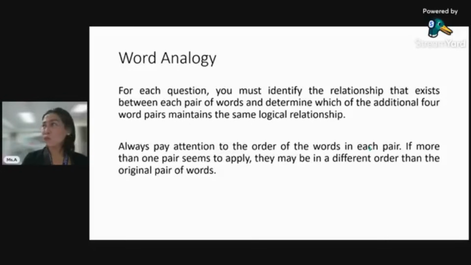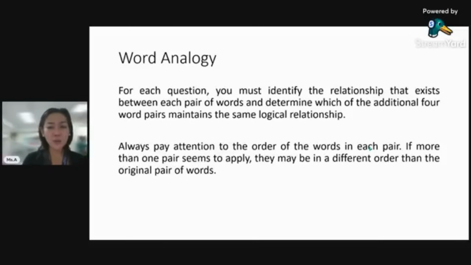Okay, so for word analogy, for each question, you must identify the relationship that exists. Naku, tatagalugin ko na naman. So sa bawat tanong, kailangan mong kilalanin yung relasyon na meron doon sa bawat pair ng words.